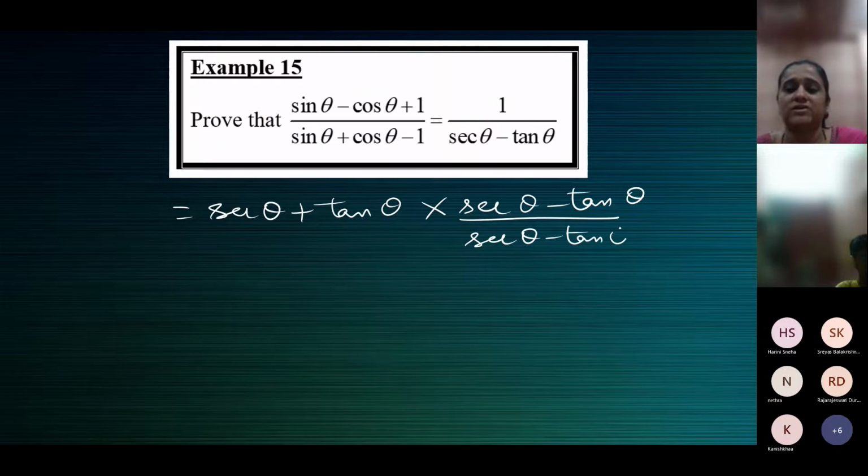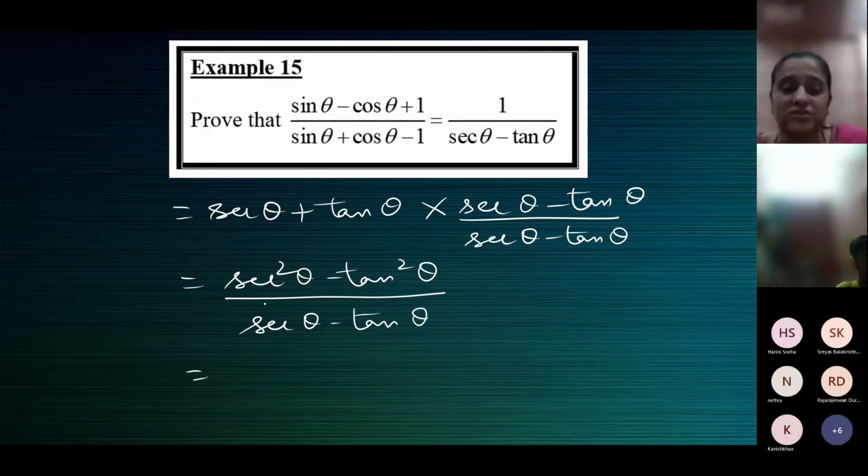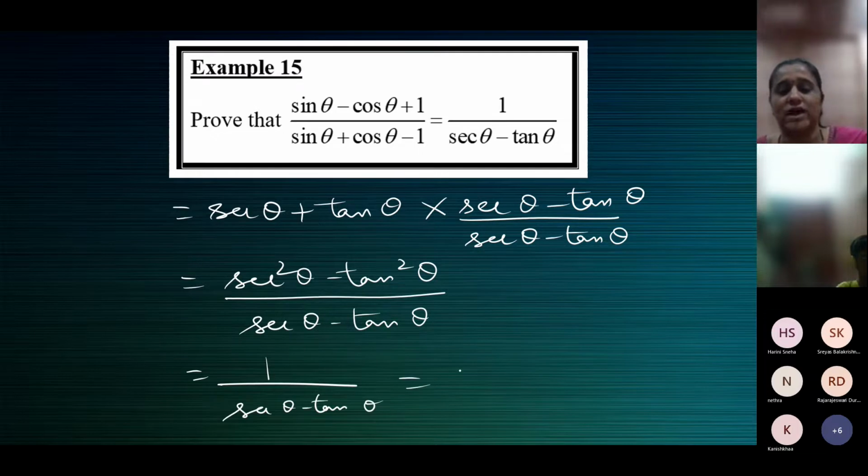Now what will you get? Multiply the numerators: secant theta plus tan theta into secant theta minus tan theta, a plus b into a minus b, is a squared minus b squared, divided by secant theta minus tan theta. You know that secant square theta minus tan square theta is 1. So we get 1 by secant theta minus tan theta, which is equal to the RHS.